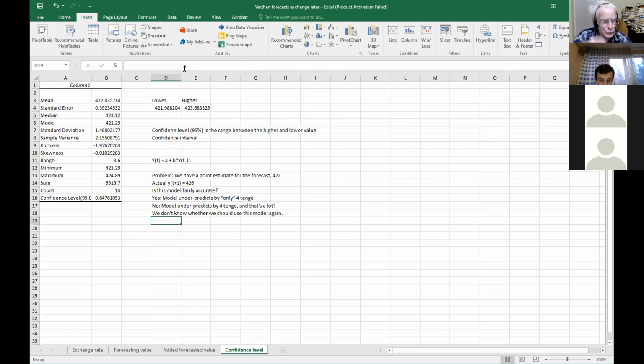So the solution is to use for the forecast not just the point estimate, but also the confidence interval.